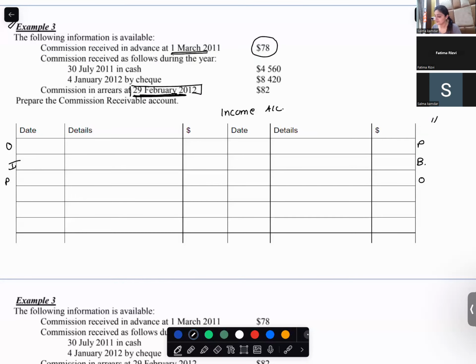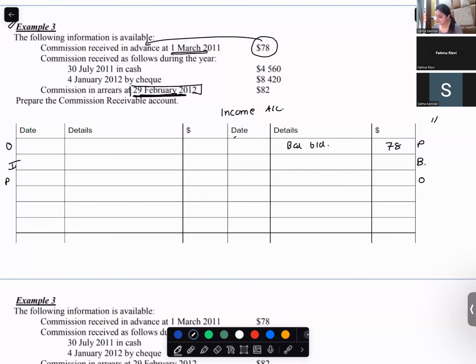It's prepaid. Which side? You've written the format, right? On the credit side. What will you write? Balance brought down. Very good.